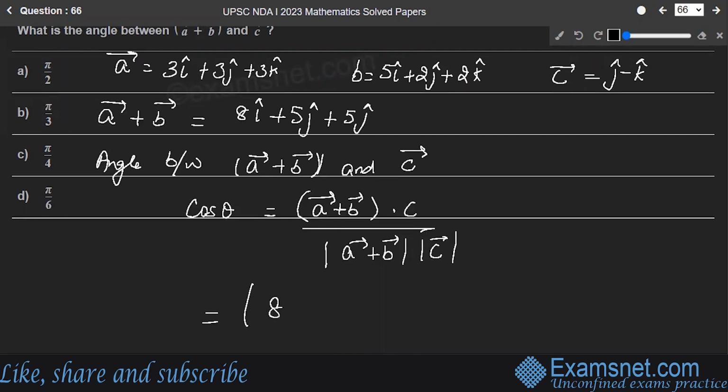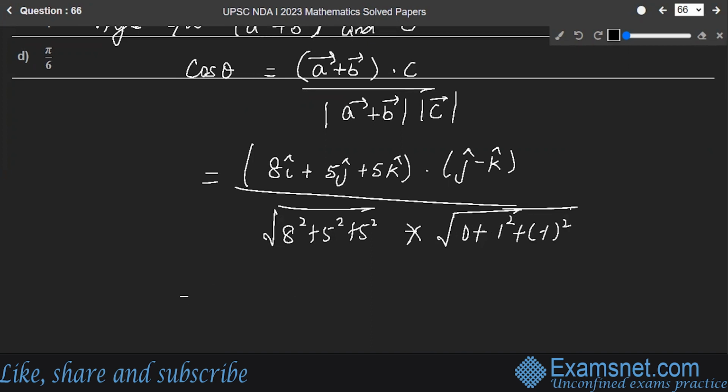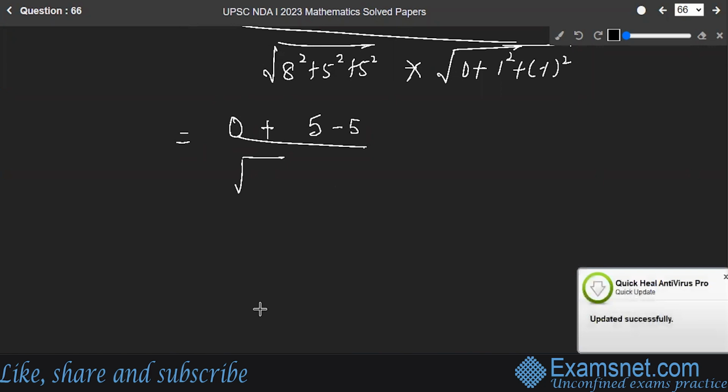Okay, let's write it down first. 8i, 5j, 5k dot j minus k, whole divided by root of 8 square plus 5 square plus 5 square, multiply root of 0 plus 1 square plus minus 1 square, which will give you 0 plus 5 minus 5 upon root of 114 multiply root of 2, which will give me 0.